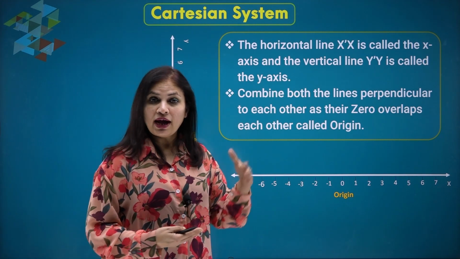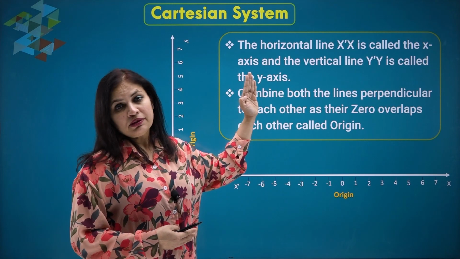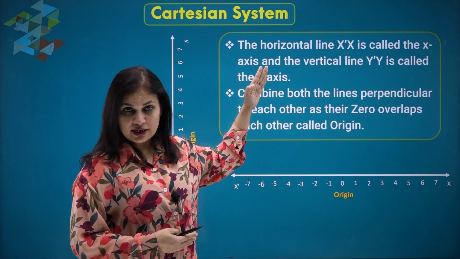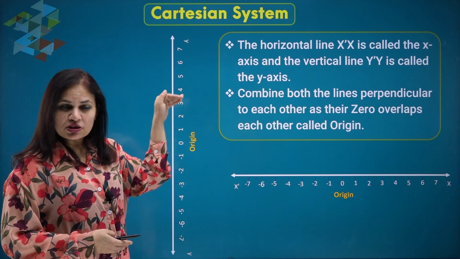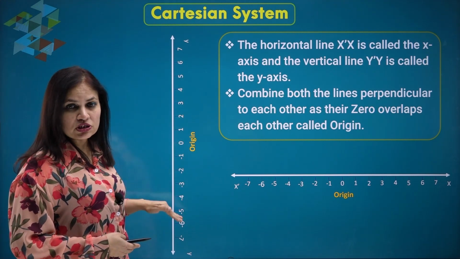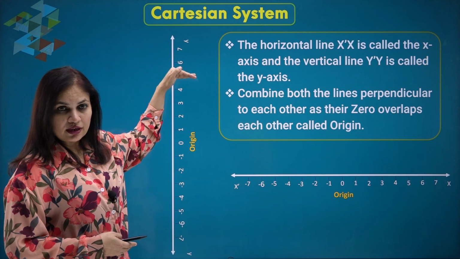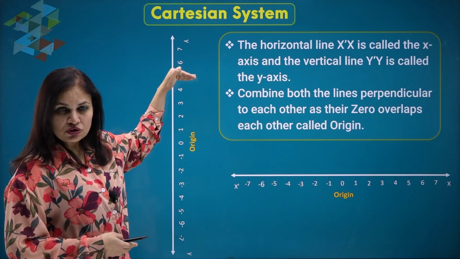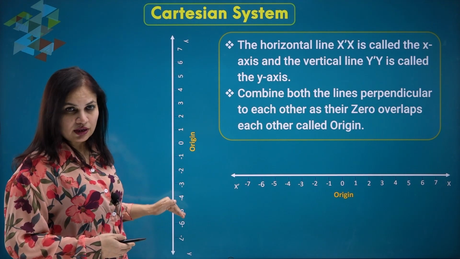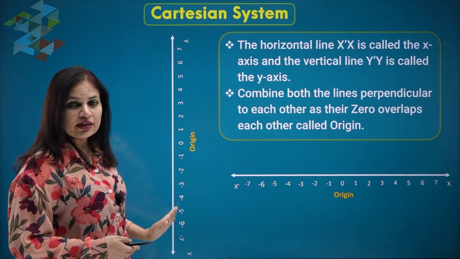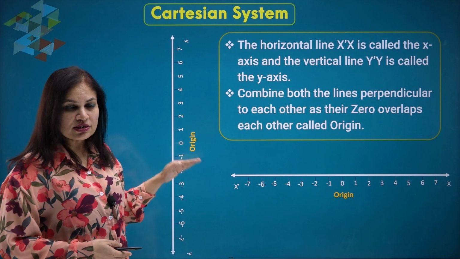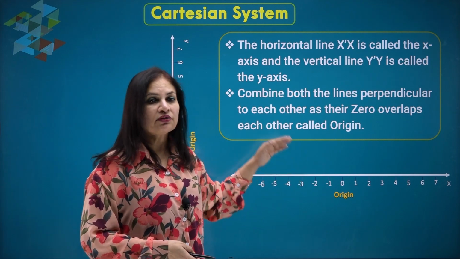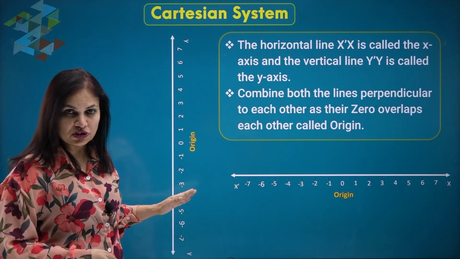Then what I'll do, I'll rotate this number line in the anti-clockwise direction so that it becomes a vertical number line. So if I position the points on a vertical number line, I'll get the position to the north and to the south. And the vertical number line is now denoted by y dash. So the horizontal number line is x dash and the vertical number line is y dash.